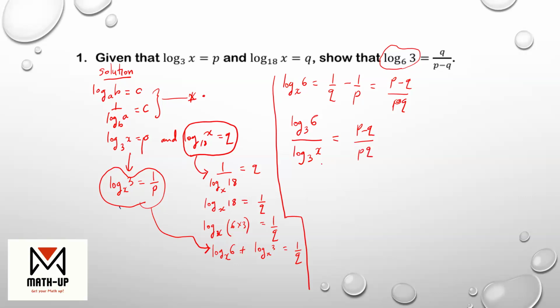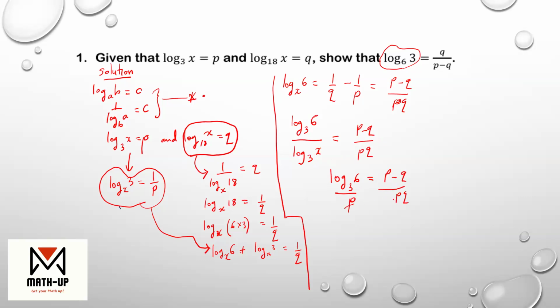Yes, and log of x to the base 3 is equal to p. So that gives us log of 6 to the base 3 over p is equal to p minus q over pq.